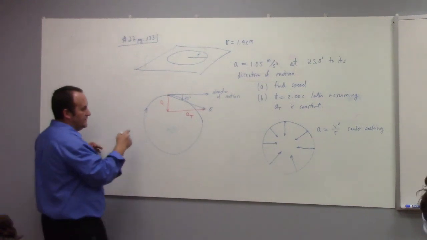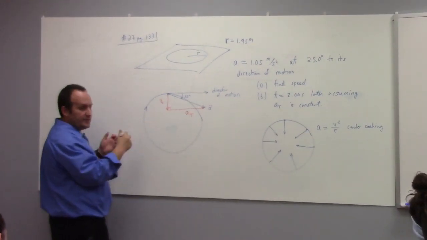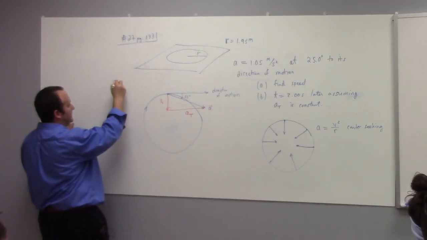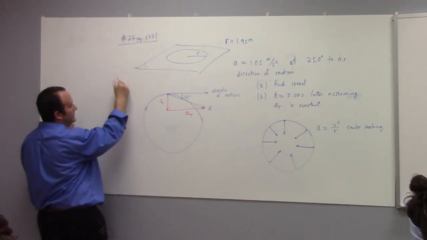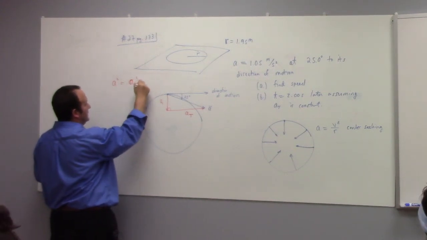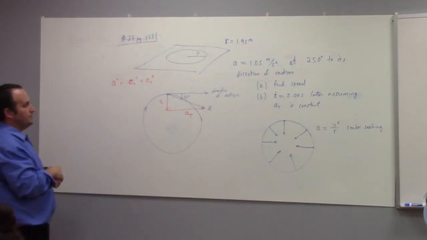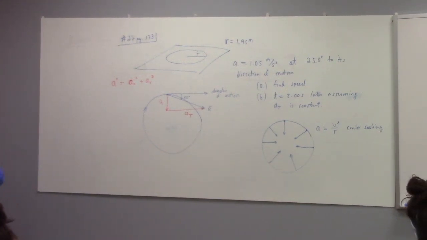These are perpendicular, so we've got a nice little right triangle. The magnitude of the acceleration squared equals the centripetal acceleration squared plus the tangential acceleration squared. It's the Pythagorean theorem again.